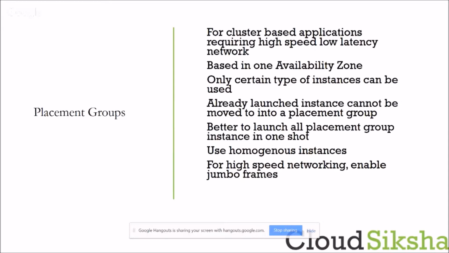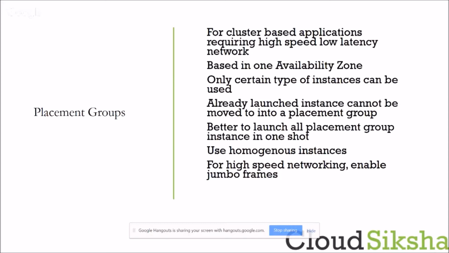Now, if you want to take advantage of this, only certain instance types, those which have 10 Gbps networking, can be used in a placement group. The best practice that Amazon tells you is that if you want a good network speed amongst all of them, it's better to launch all the instances in one shot.